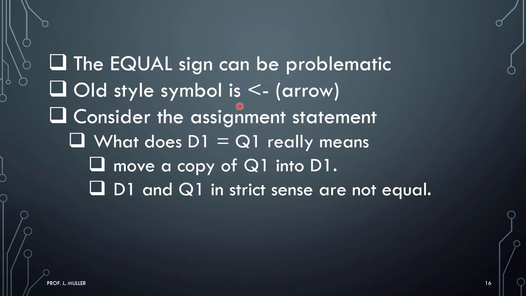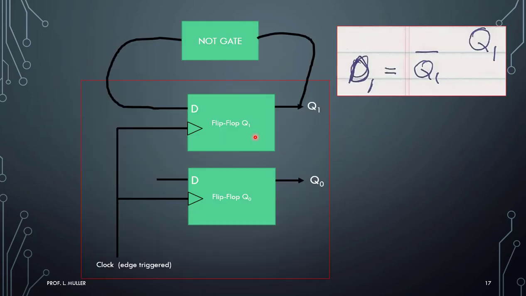In the old style textbooks, people used an arrow, because what does this mean? It really means you move a copy of Q1 into D1, whereas this is stating an equality of both items. So in the strict sense it's not quite an equality here. This is the present state, and this will be the future state for us.